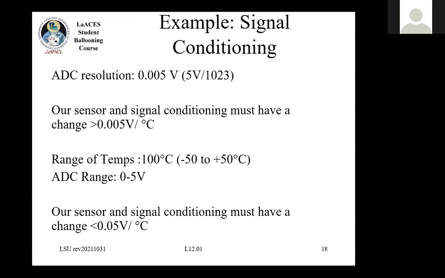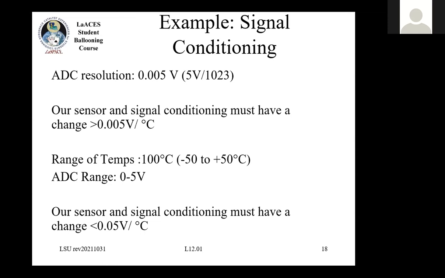Our signal will go outside of the range where we can actually measure. So these two numbers basically tell us how quickly our final amplified signal has to change.